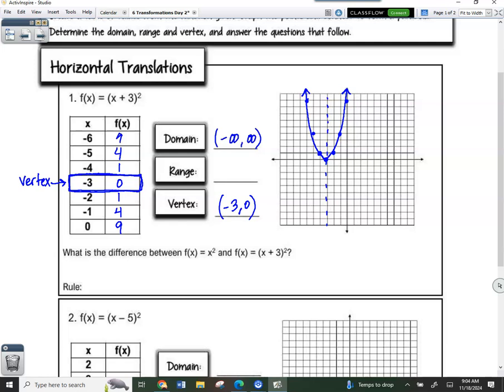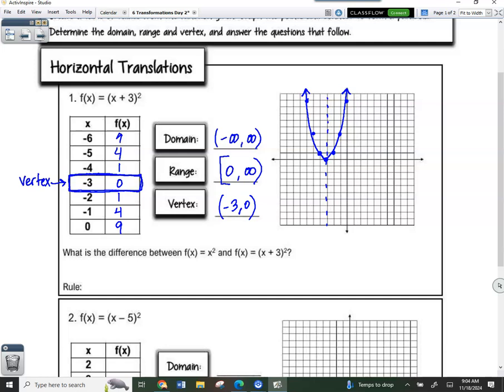What about the range? 0. So it's nothing, nothing, nothing. Then you have something here at, what's the y value? 0, and then it goes to infinity. So it's 0 to infinity.